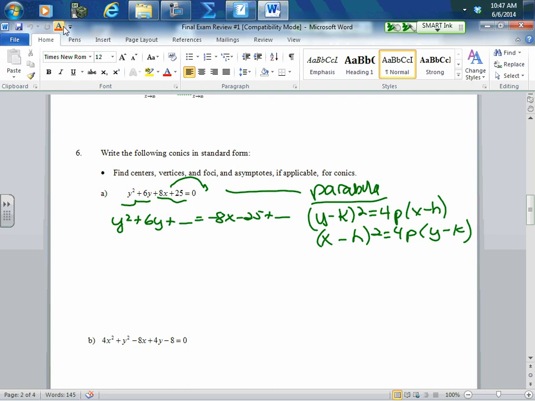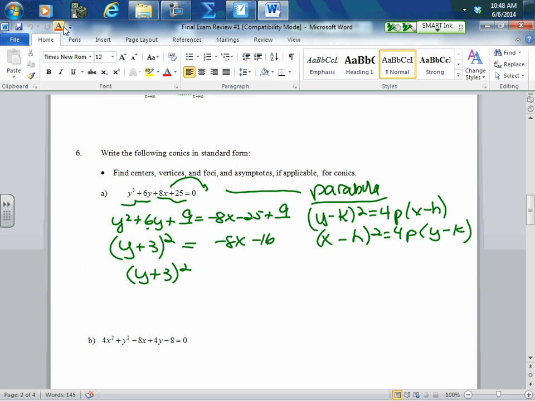So we complete only the left side. We take half of 6, which is what? 3. There's my complete the square. And what is 3 squared? 9. So now we've got y plus 3 squared equals negative 8 minus 16.